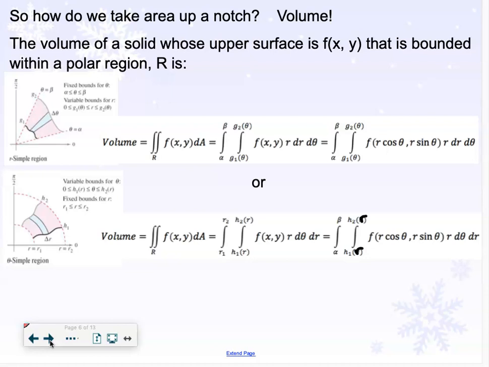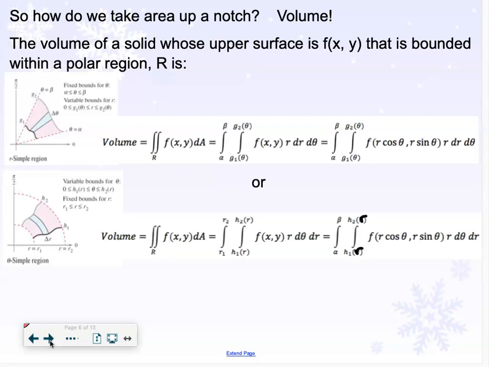Yes, Jack? It just depends on what your region looks like. Most of the time, we'll do the first one, because most of the time your region will be bounded by some polar function that will be r equals something, and then you'll just find a beginning and ending value of theta.